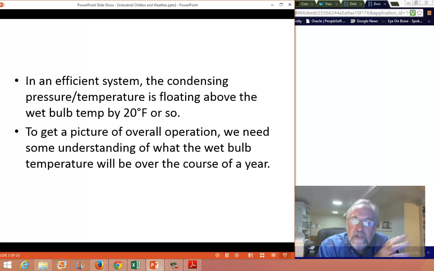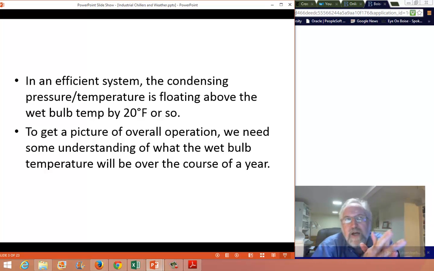In an efficient system, so it's operating well, it's set up so that the condensing temperature and pressure float above the wet bulb temperature by 20 degrees or so, depending on how the system is designed. It's called a floating discharge pressure, or floating head.